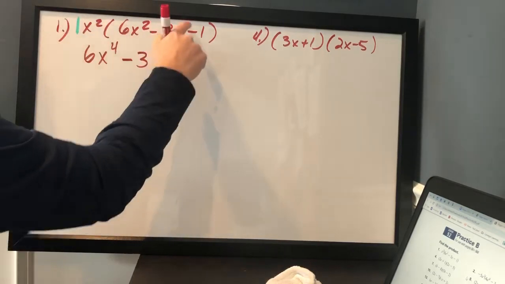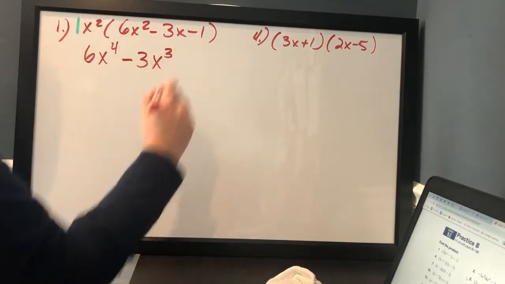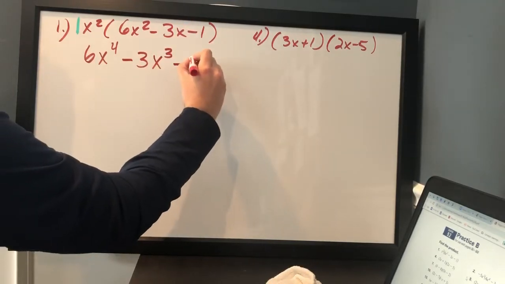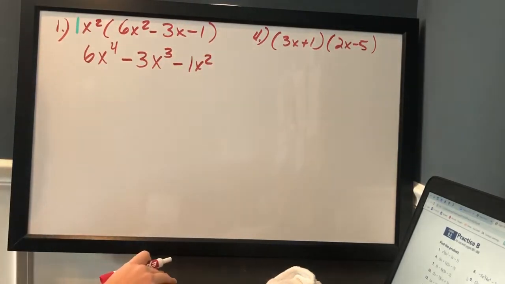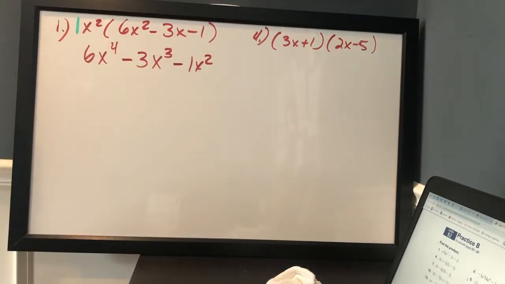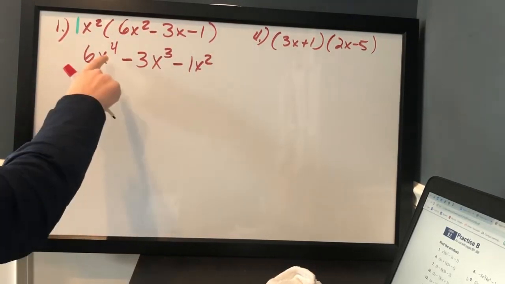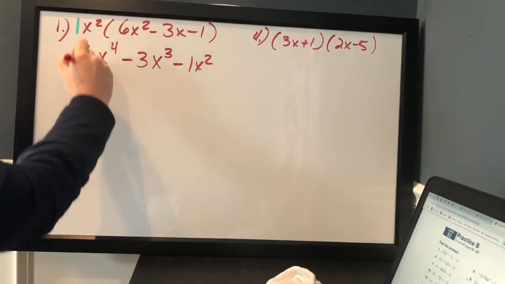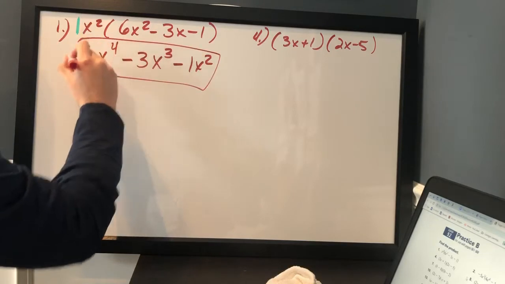X squared times x to the first is x to the third. And then 1x squared times negative 1 would be negative 1x squared. Now after you do that, check and see if there are any like terms that you can combine from section 1. In this case, we have a 4, a 3, and a 2. None of these can be regrouped together, so that's our final answer.